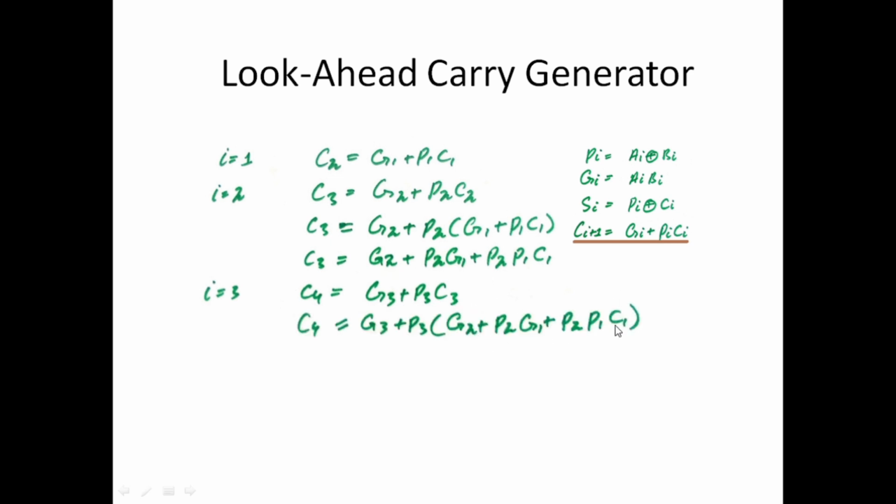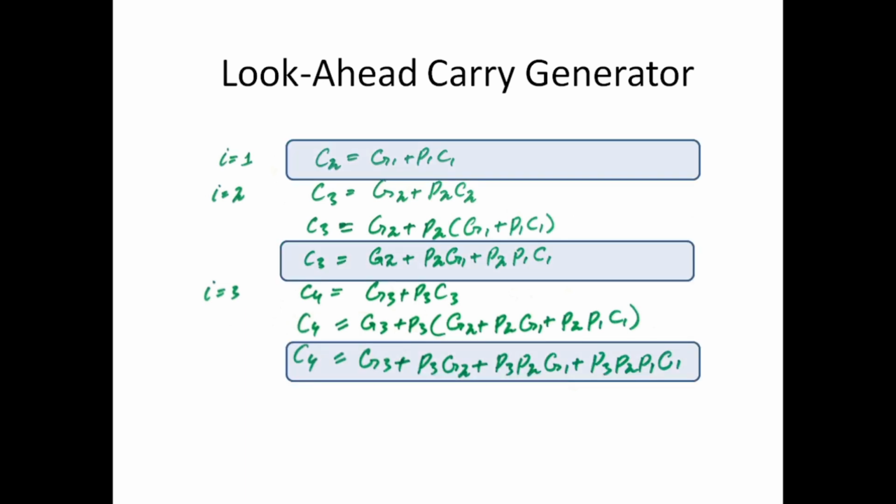If we use the distributive law to open this part, we can rewrite C4 like this: G3 plus P3 G2 plus P3 P2 G1 plus P3 P2 P1 C1. We have derived the three equations for the internal carries C2, C3 and C4.